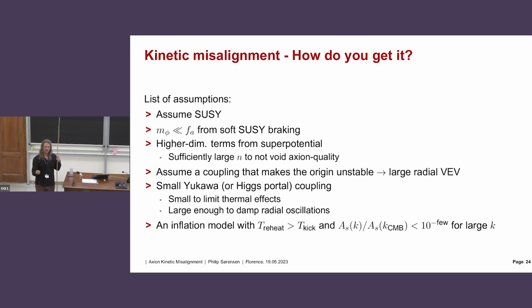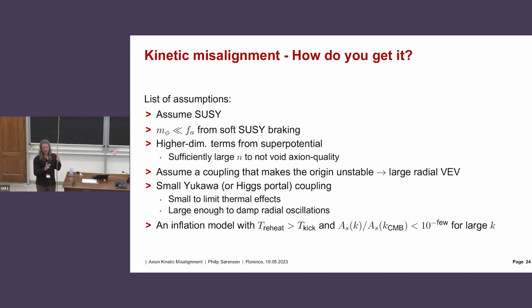But the problem with this is that since the field is light during inflation, the small fluctuations in the kick will land you in different minima, and you will have domain walls. This is worse than the standard problem because you get domain walls without strings, so they're much harder to get rid of.